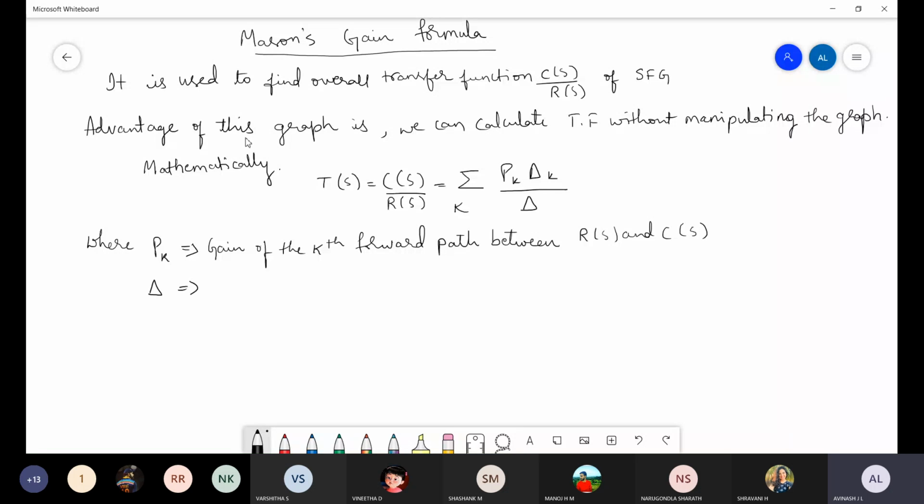So delta implies the determinant of the graph. How to find the determinant of the graph? That is the next question.